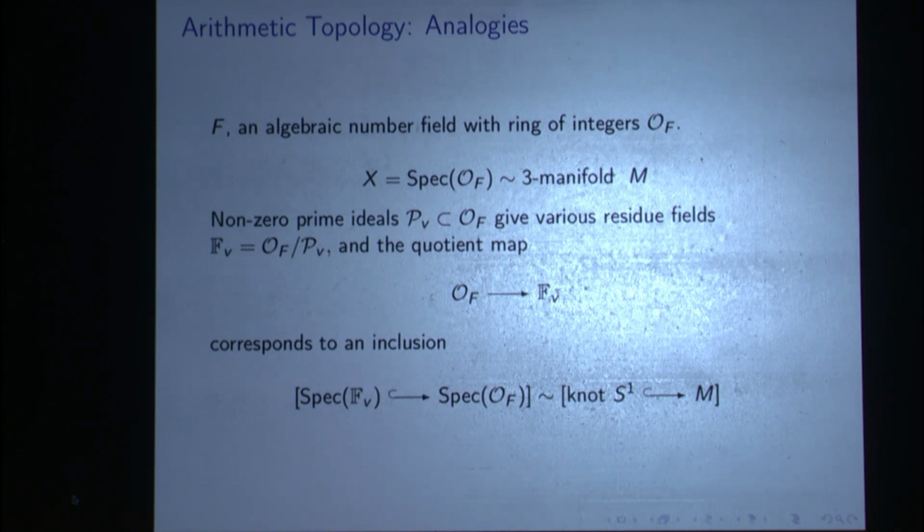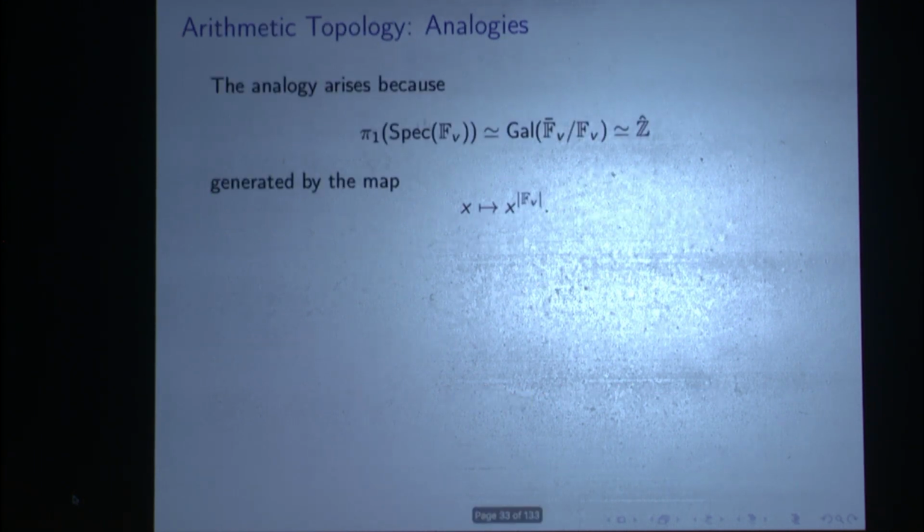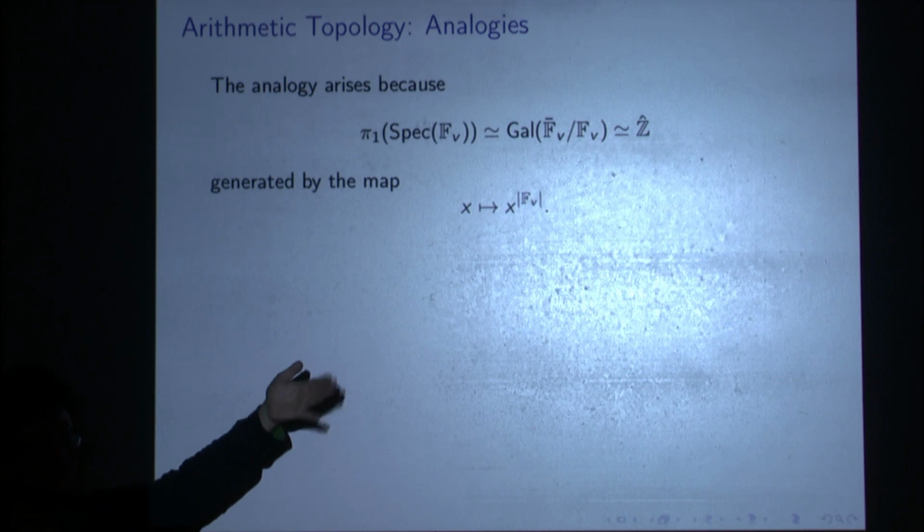Why a knot? This is the beginning, really, of the analogy. Why is that like a knot? It's because the fundamental group of the spectrum of a finite field is just the absolute Galois group of the field. But for a finite field, the absolute Galois group is topologically generated by one element. It's called the Frobenius element. It takes an algebraic number and raises it to the power equal to the cardinality.